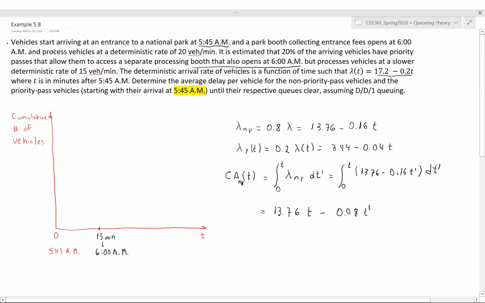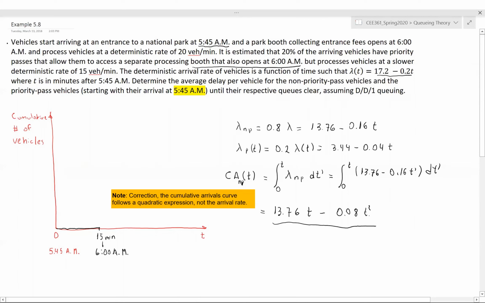The departure rate for 50 minutes is a horizontal line. The arrival curve follows a quadratic expression, and you can figure out that it will have this type of curvature.